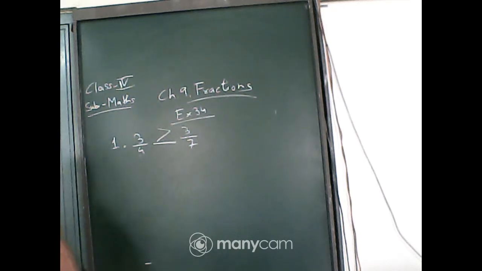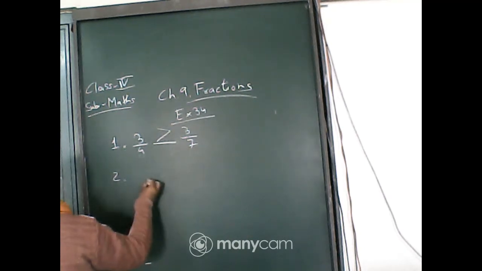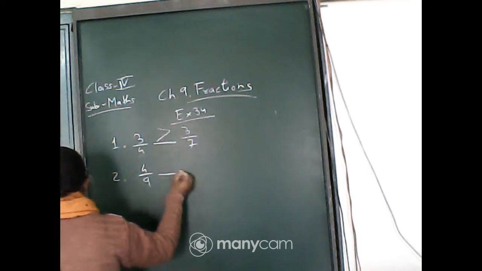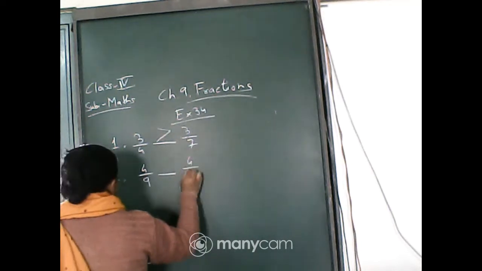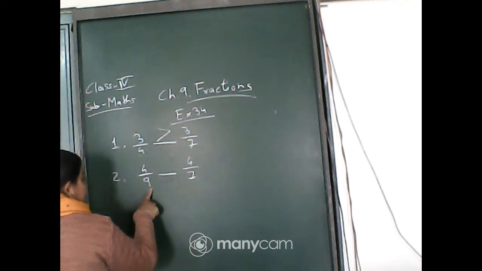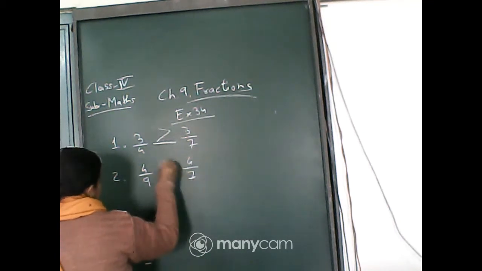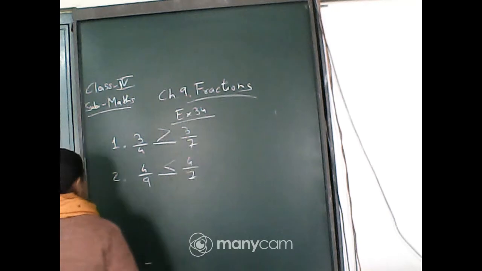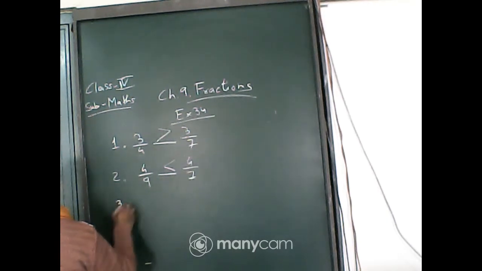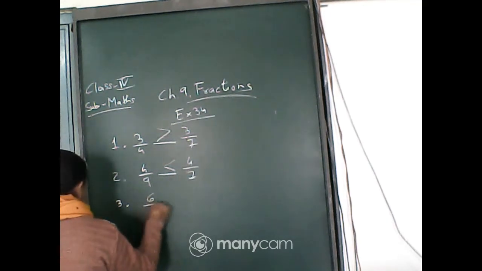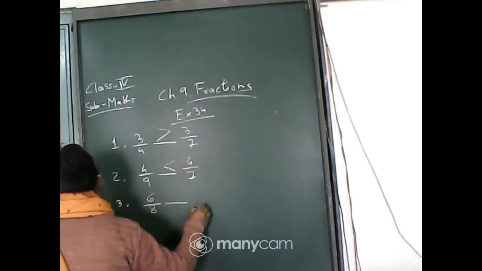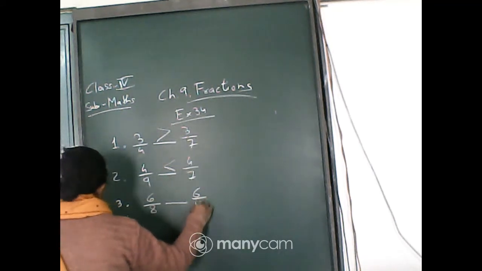Okay. Suppose number 2, 4 by 9 dash 4 by 7. Now this 9 is greater than 7, that means this 4 by 7 is the greater fraction. Number 3, 6 by 8 and 6 by 11, just do the opposite.